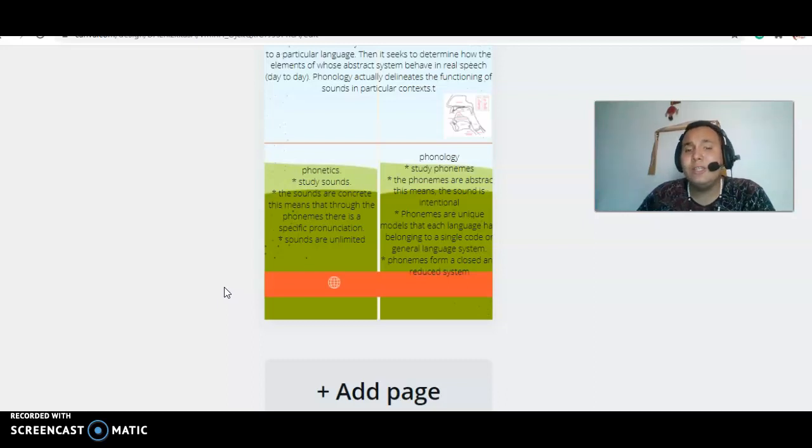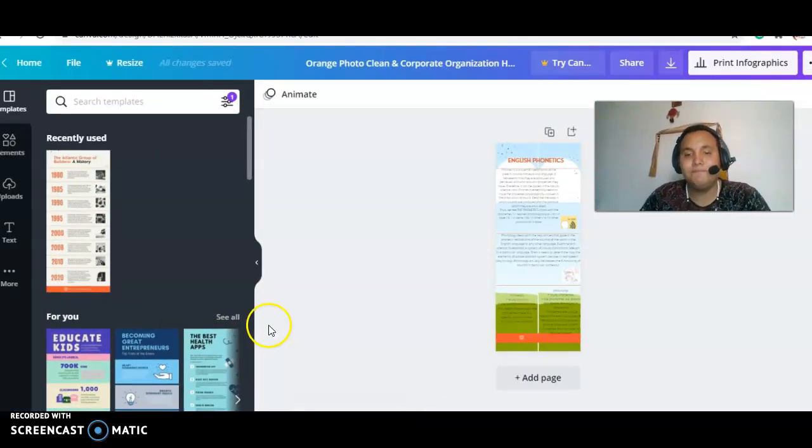And phonology studies phonemes. The phonemes are abstract. This means the sound is intentional. The phonemes are an ideal model of the languages that belong to a single code or general language system.